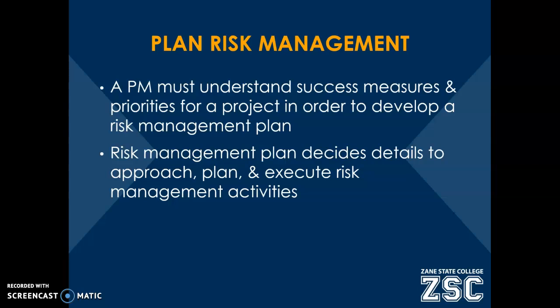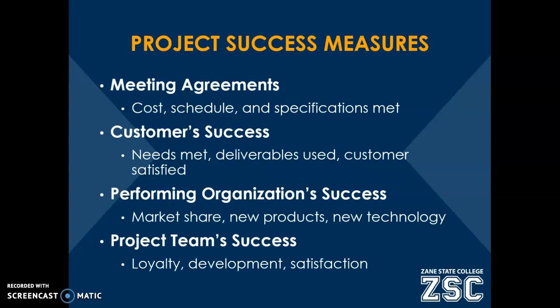So the management plan has to come up with a plan to achieve project success and avoid risks that would potentially threaten that success. As I said, we have to first identify how we are going to measure success of a project.